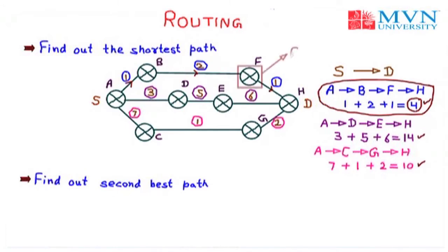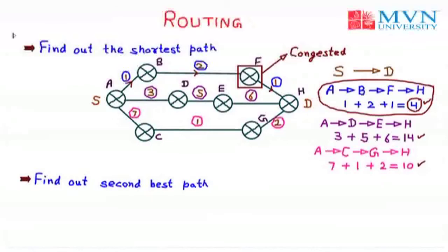Now what if router F is congested? If router F is congested, that means it will not pass any packet from router B to router H. In that case, it will take more time to pass the packet, so the path A, B, F and H, the shortest path, will not be considered the shortest path because it will take too much time.